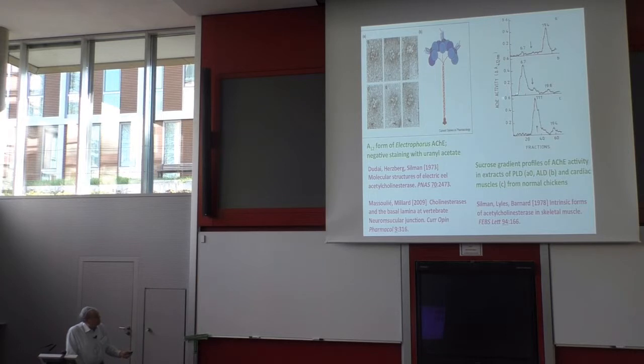In the anterior latissimus dorsi, which is a slow tonic muscle, you have almost only this dimer. In cardiac muscle, you have a tetramer. And these forms are presumably chosen and selected to anchor the enzyme in the right distribution, the right orientation, the right density in the synapses. The level of detailed understanding of this has still to be deciphered.